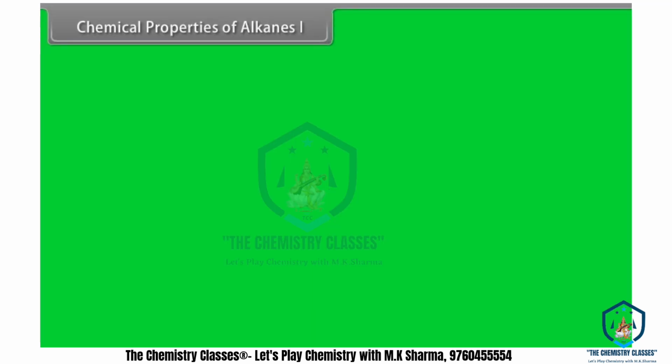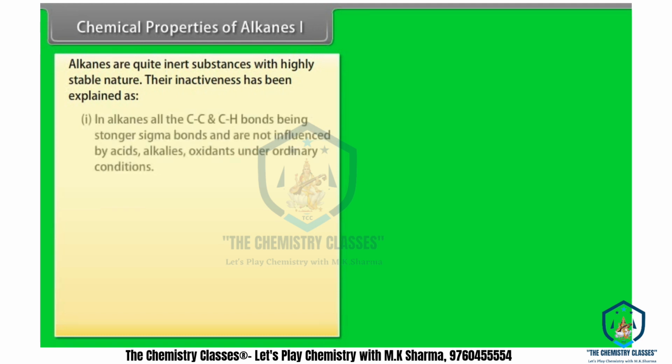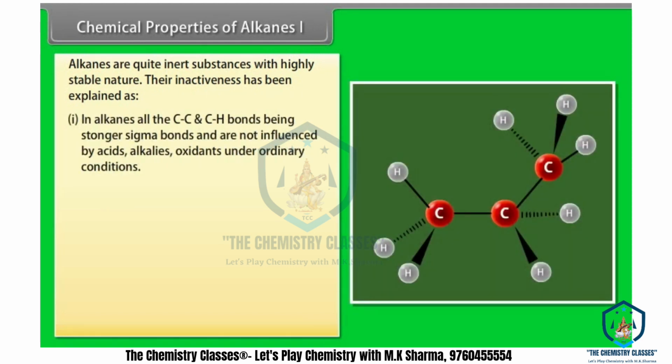Chemical properties of alkanes, part 1. Alkanes are quite inert substances with a highly stable nature. Their inactiveness has been explained as follows. Number 1. In alkanes, all the carbon-carbon and carbon-hydrogen bonds are strong sigma bonds and are not influenced by acids, alkalis, or oxidants under ordinary conditions. Number 2.